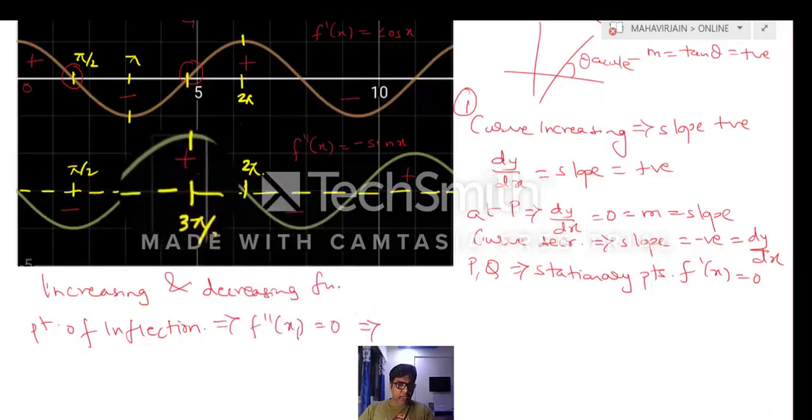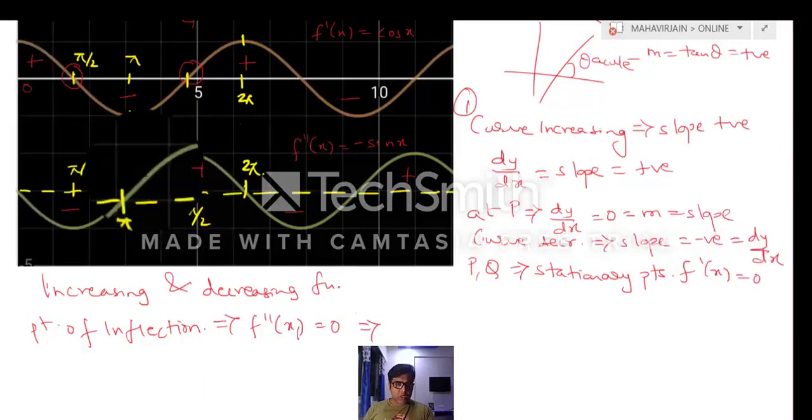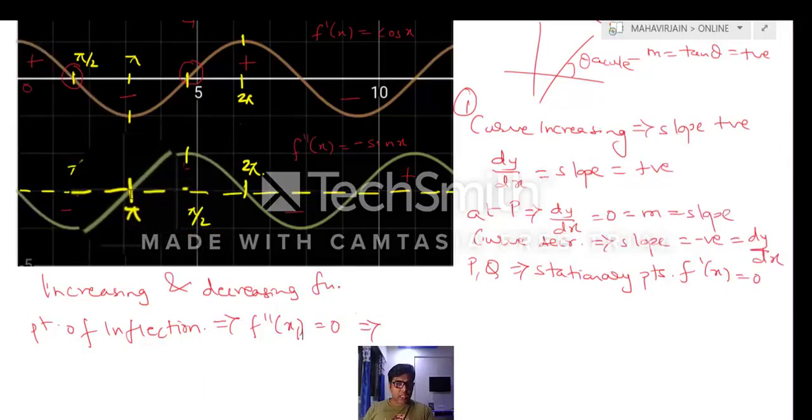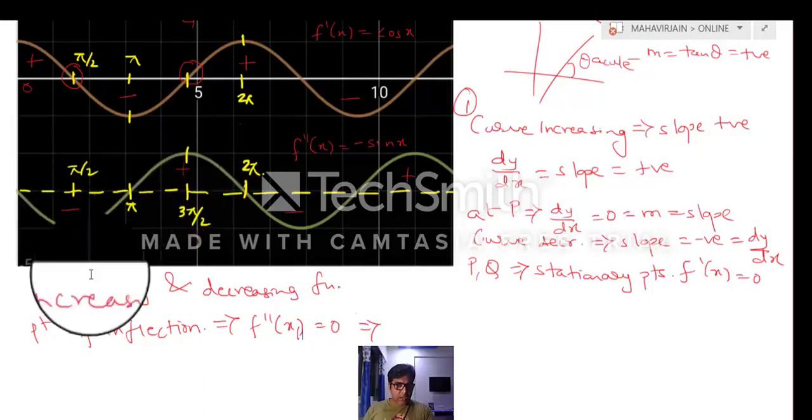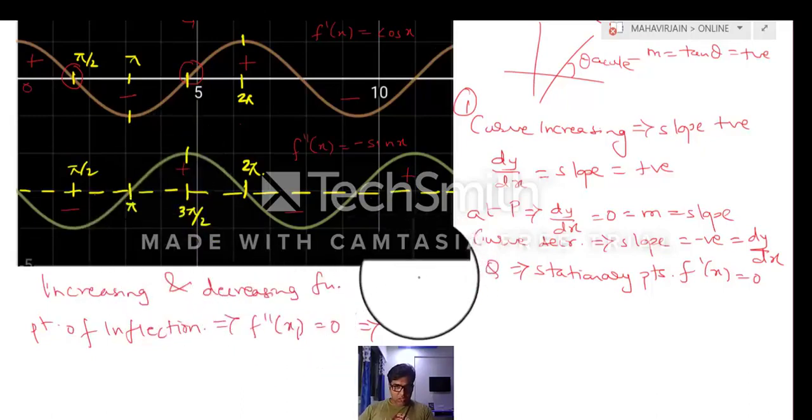For example, at this point, the double derivative is 0, right? And before and after, the double derivative should have opposite sign.